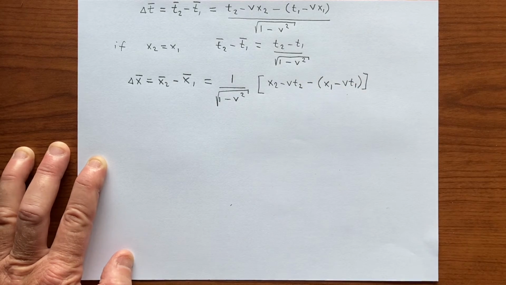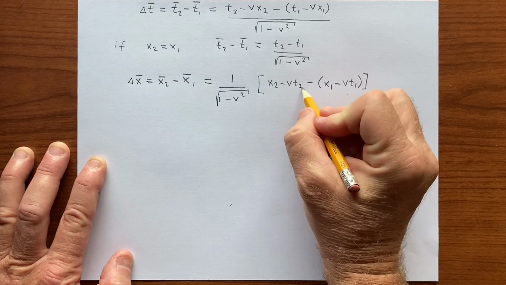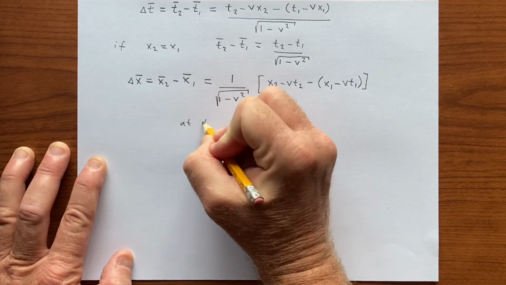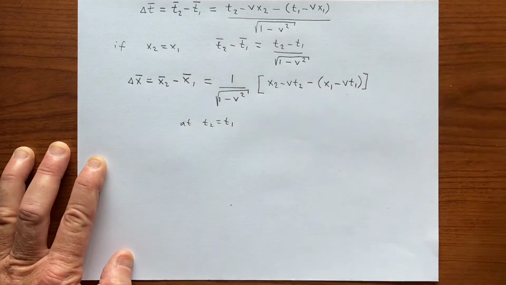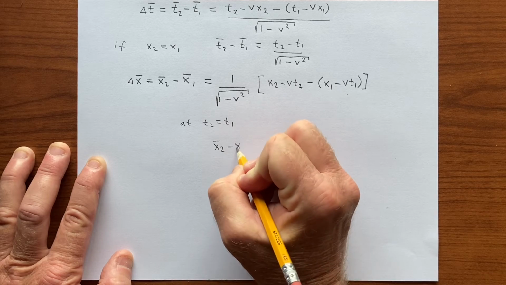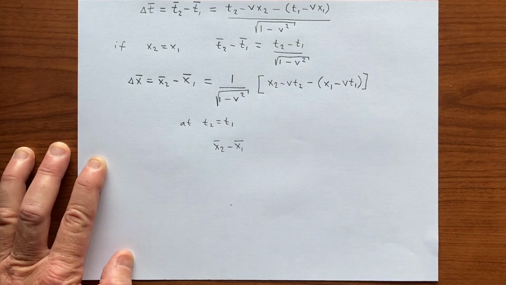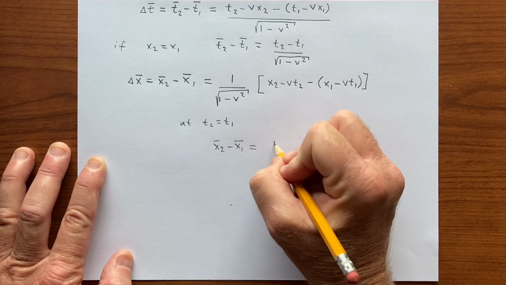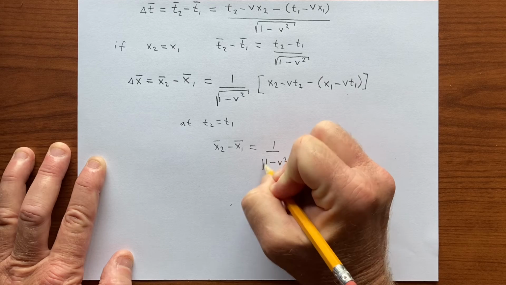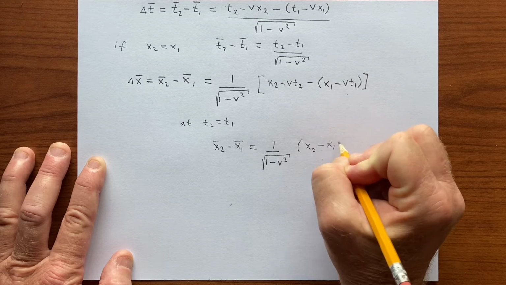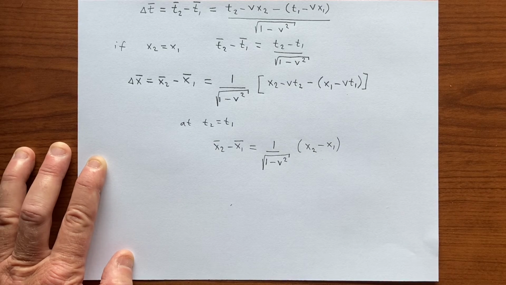But we want to consider the measurement of length. So we want to do this at a fixed moment in time. So at t2 equals t1, this gives us x2 bar minus x1 bar. Right, the coordinate difference or length in the x bar t bar frame is related to the coordinate length x2 minus x1 in xt.